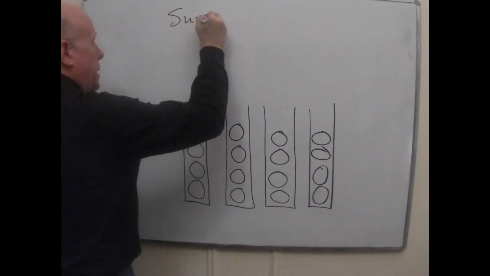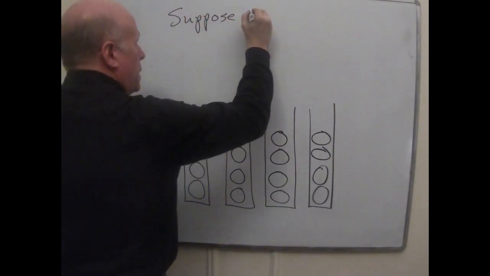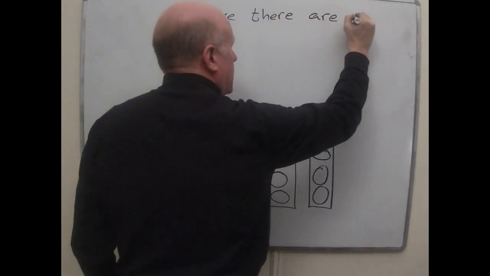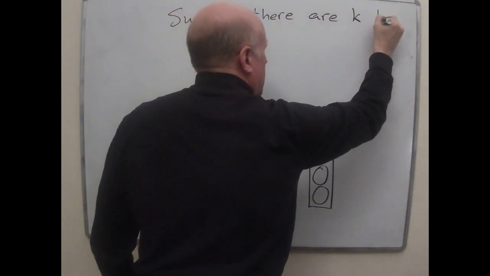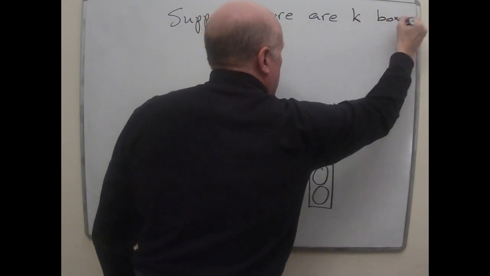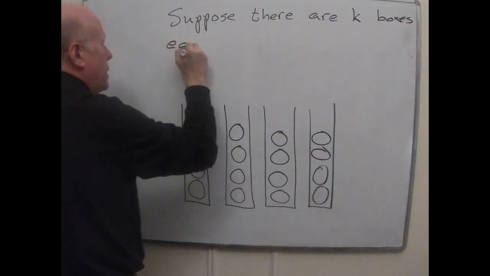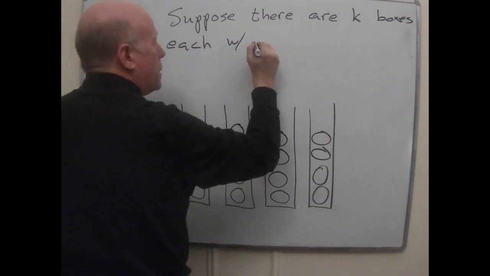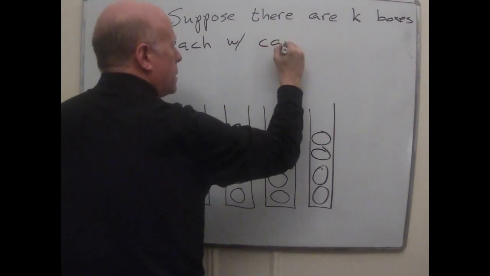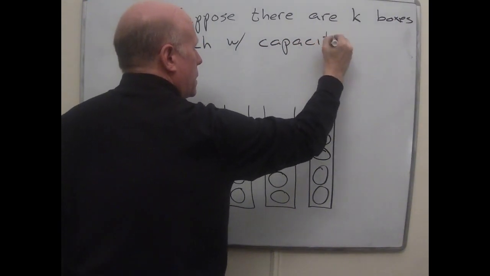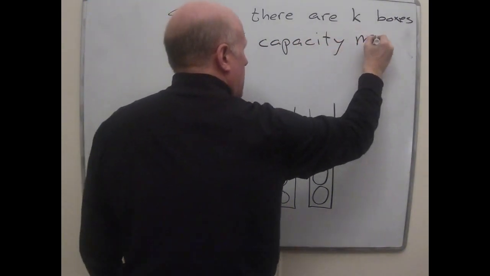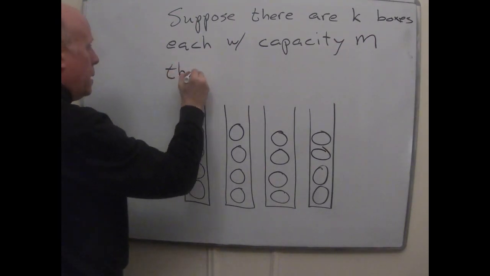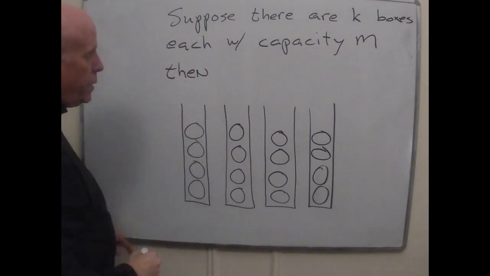Suppose there are k containers, or k boxes, each having capacity m. Then what did I figure out?